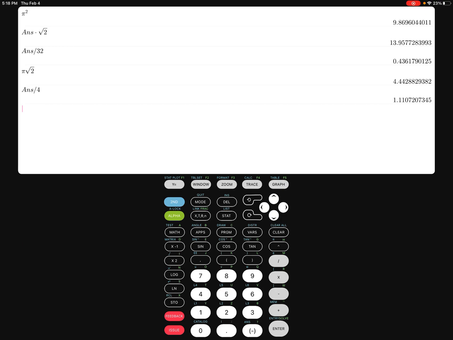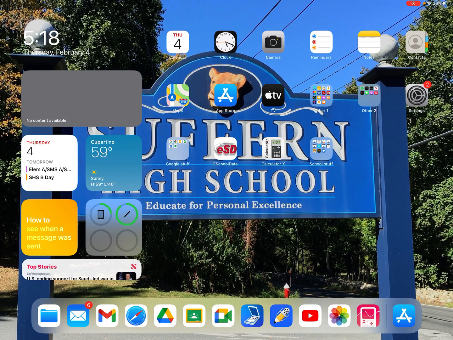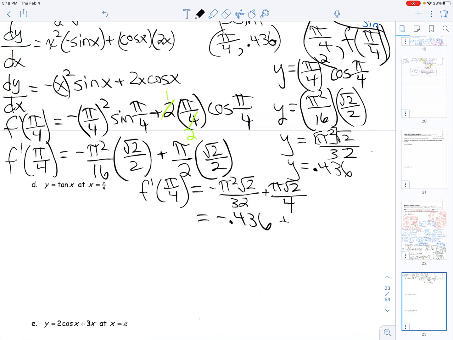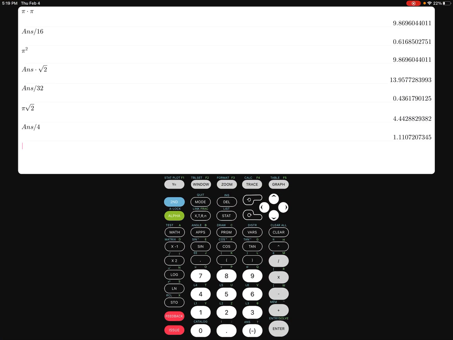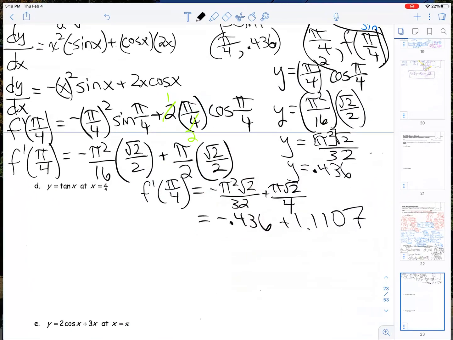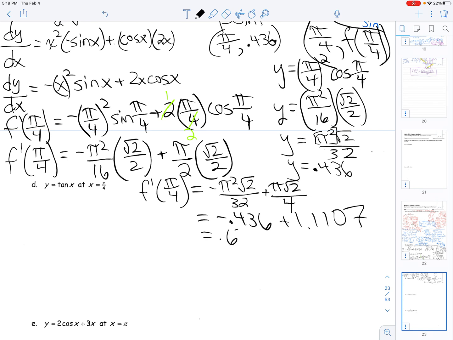Now pi radical 2 divided by 4 is 1.107, plus that, added to negative 0.436, and there we go, to the nearest thousandth, 0.675.